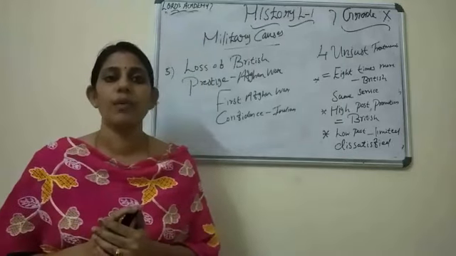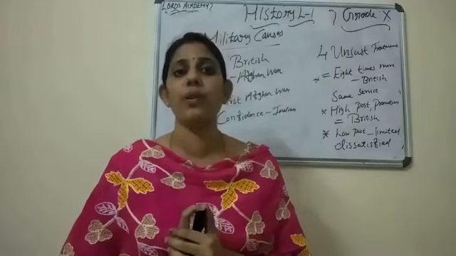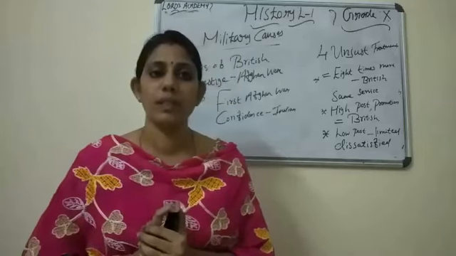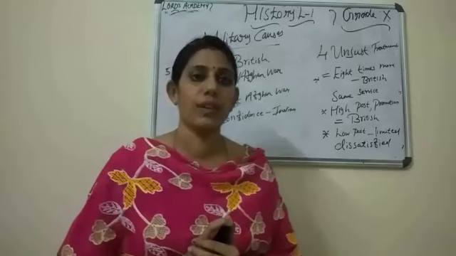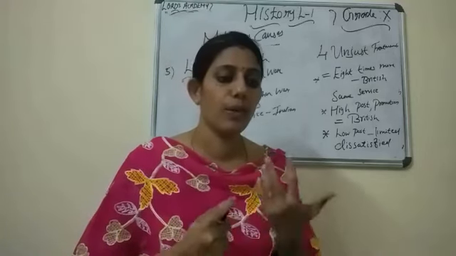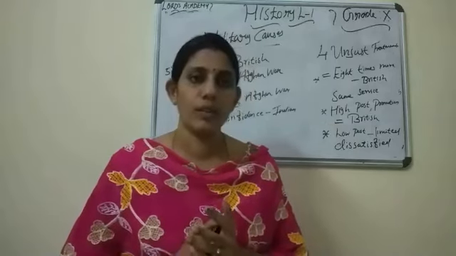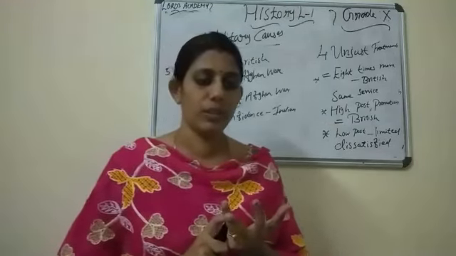The first one is about the military causes. Five points are there. The first point is about the General Service Enlistment Act. Who passed the act? The British Parliament passed the act. Which year? 1857. According to the act, the Indian soldiers could be sent overseas. So the Indian soldiers were not happy with the British.